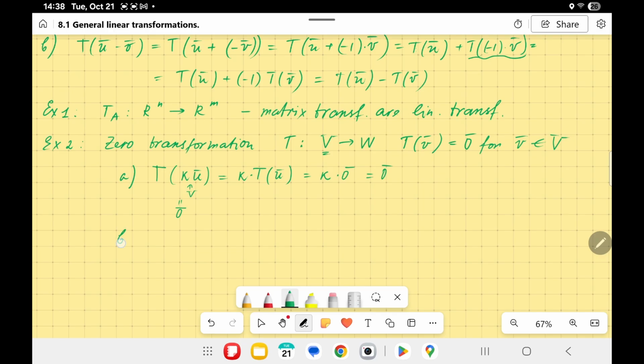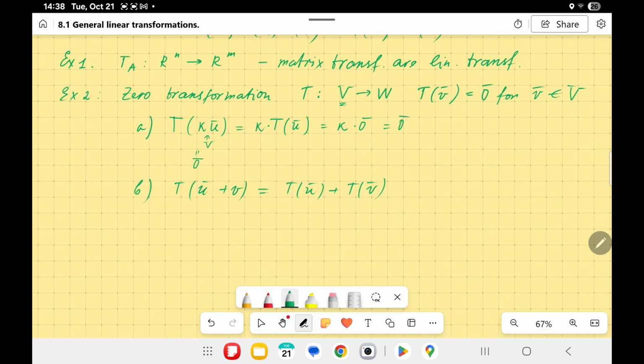Now, let's check B. B tells that T of U plus V must be equal to T of U plus T of V. Let's check it. What is going to happen here? Well, this one is a vector of V. According to my definition, it's supposed to go to zero when I apply the transformation.